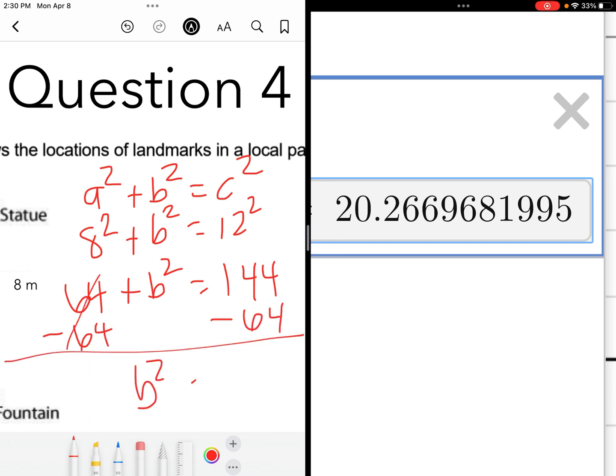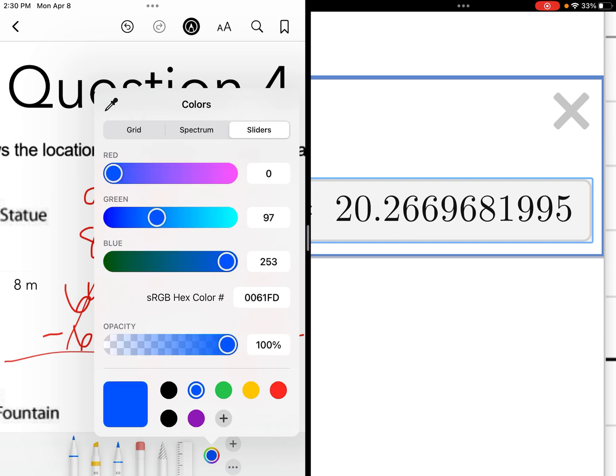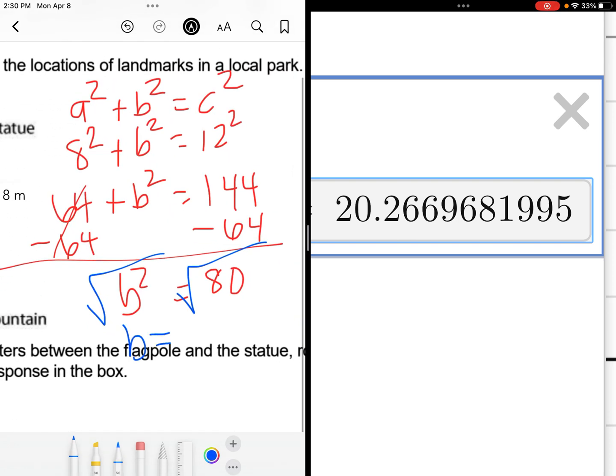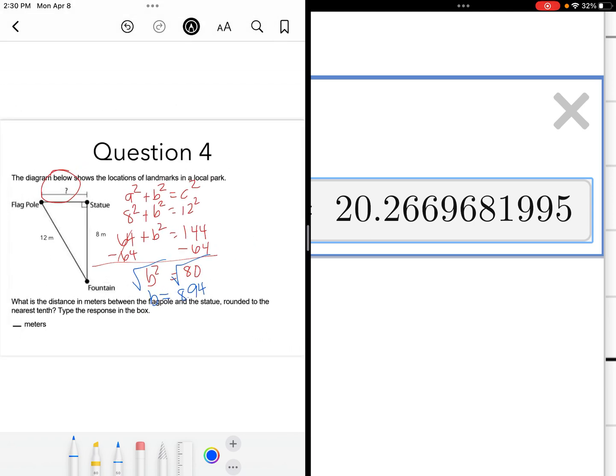B squared equals 80. And then I'm going to square root everything. And I get 8.94. And they want us to round to the nearest tenth, so it would be 8.9.